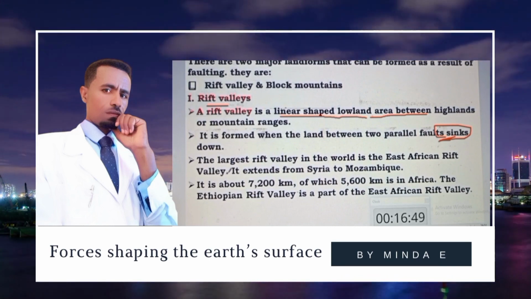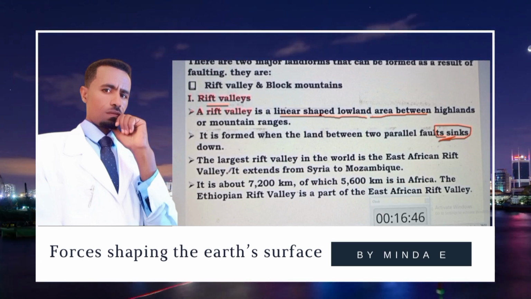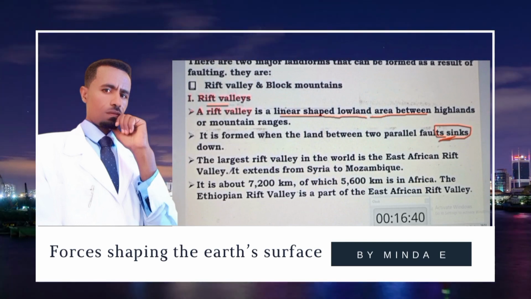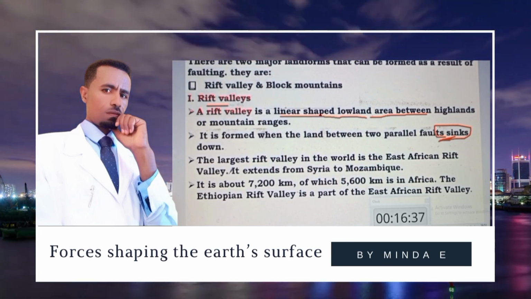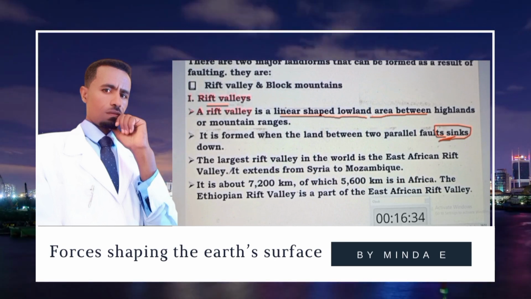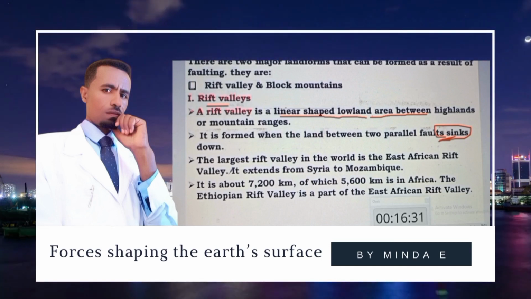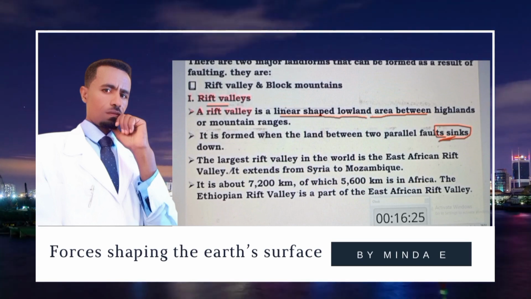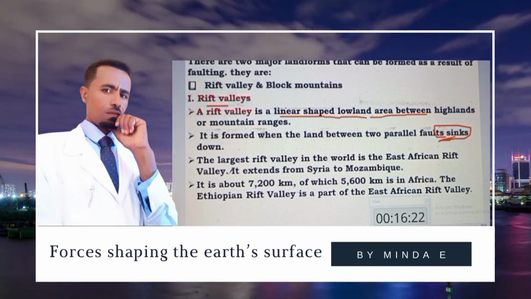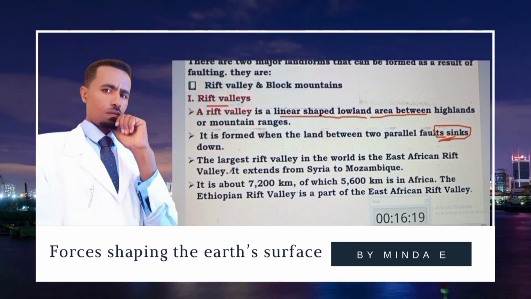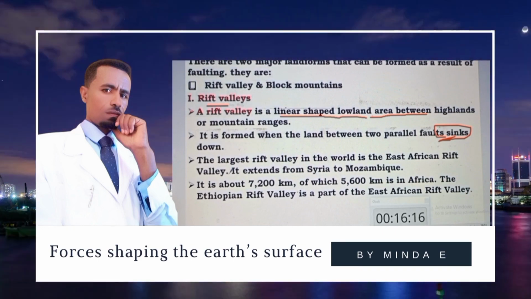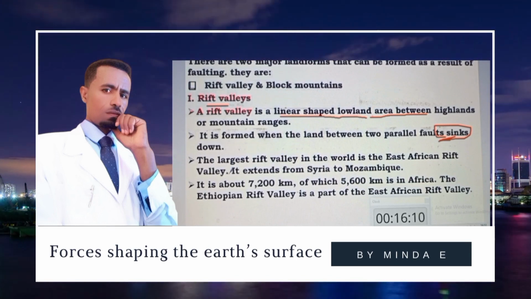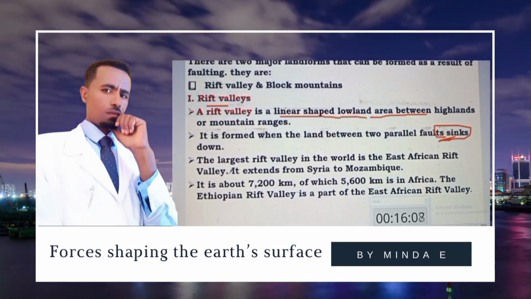Okay, the largest Rift Valley in the world is the East Africa Rift Valley, which extends from Syria to Mozambique. The Great East Africa Rift Valley is about 7,200 kilometers long, of which 5,600 kilometers is in Africa, and about 1,700 is in Eritrea and Ethiopia.